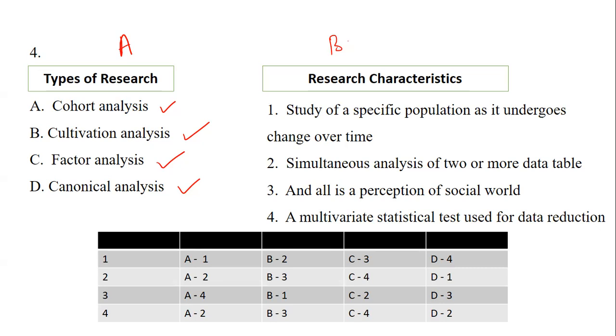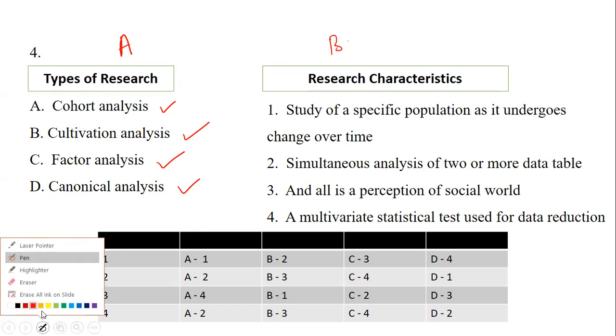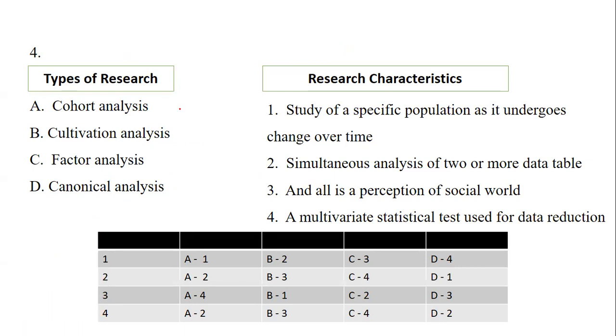Okay. So let me first explain what these types of research are, one by one. When we talk about cohort analysis, it is basically a study of a specific population over a specific period of time.